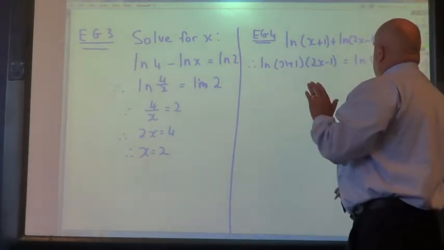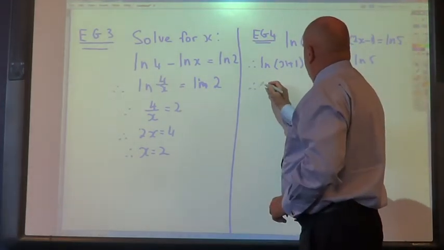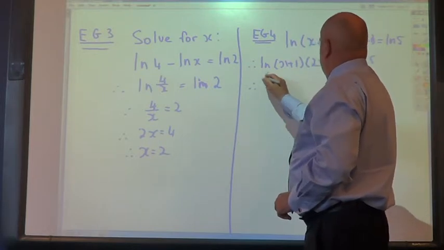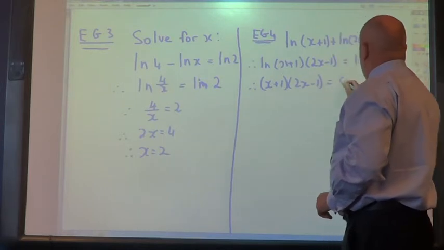So firstly this is what I will say, x plus 1 in brackets, 2x minus 1 must equal 5.